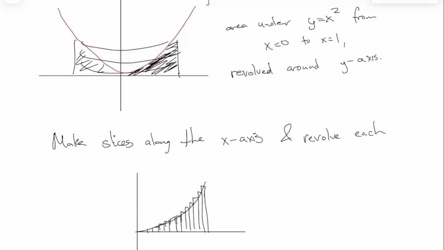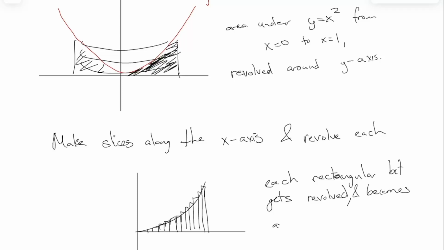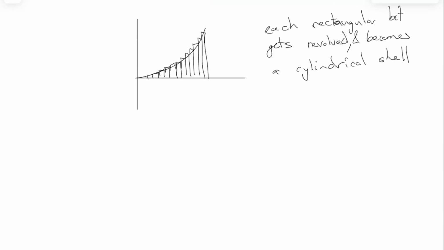So each of these little rectangles gets revolved around the y-axis and becomes a cylindrical shell. What one of these would look like is, I have my shape here.